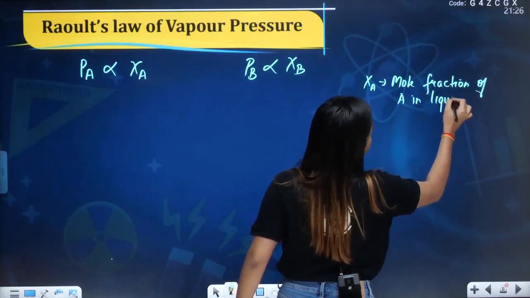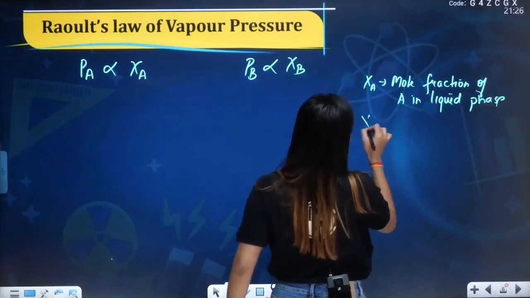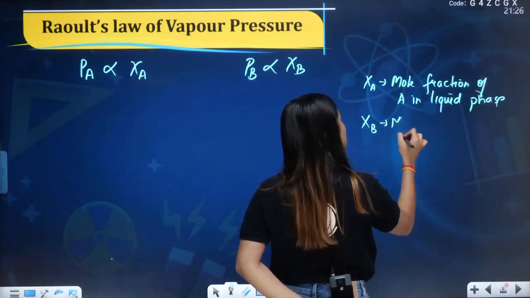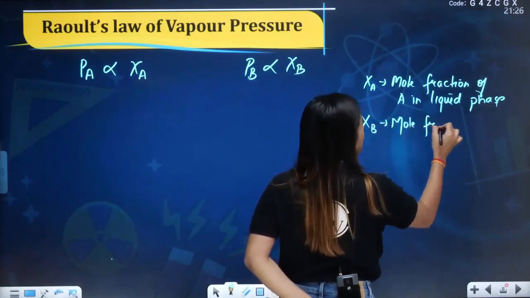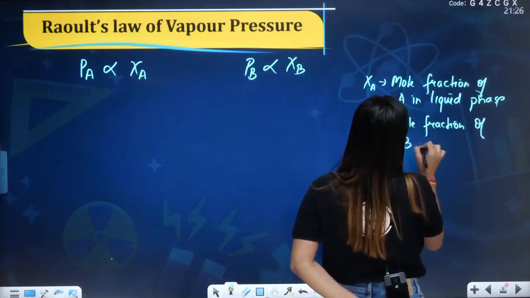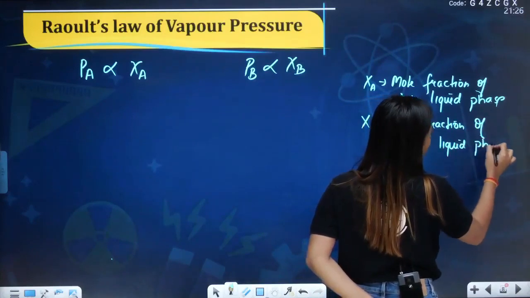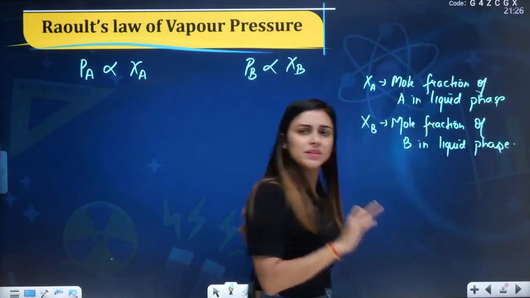It is very important to write liquid phase, I'll tell you why. And XB is the mole fraction of B in liquid phase. I hope this is clear.